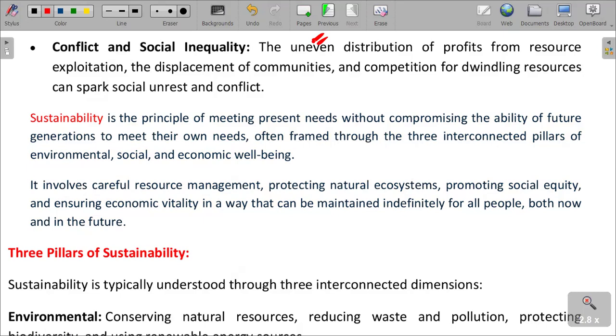We are saying these are social challenges that we cannot overlook. Competition for dwindling resources can cause social unrest and conflict. When resources are finishing, people would always stampede for their availability. People would always compete, always try to get a portion and a share. In that regard, we have problems that result in that sphere.